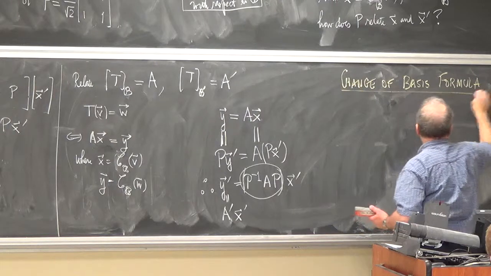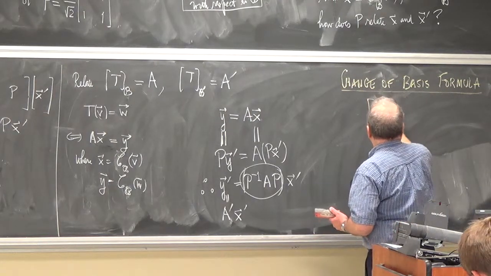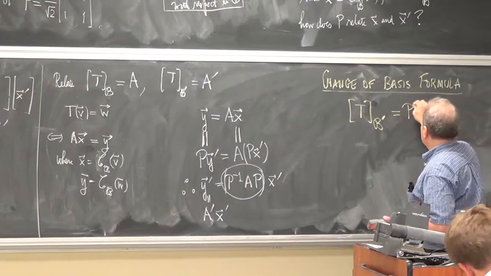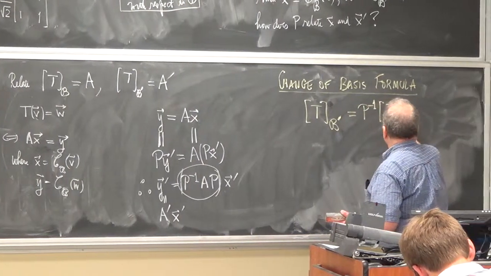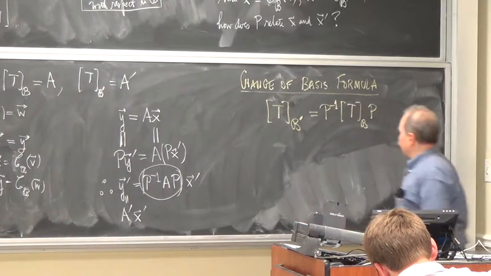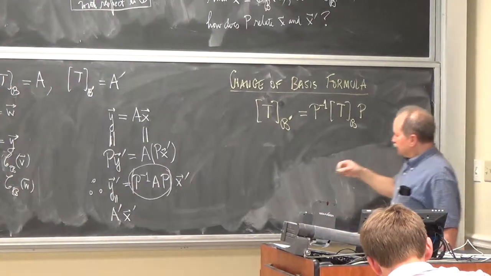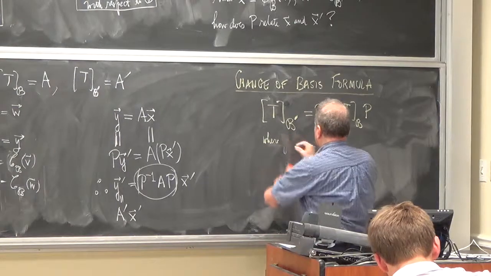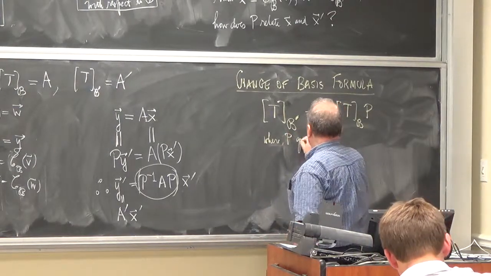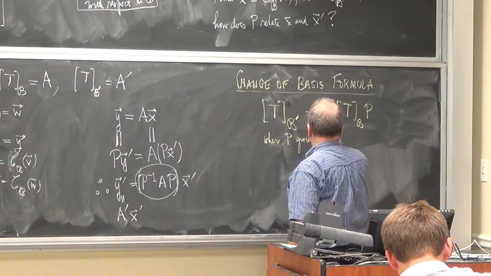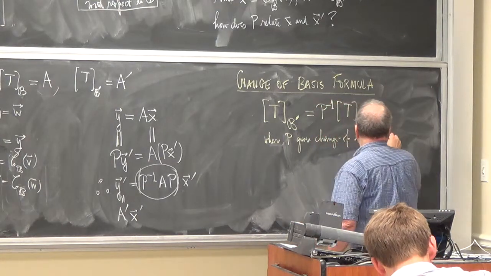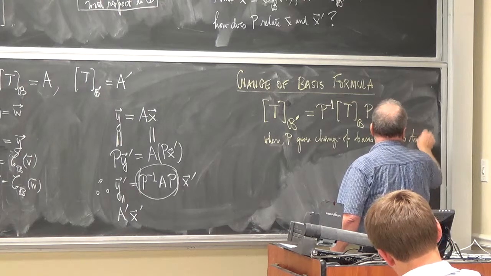Then you take the matrix in the new basis. It's given by P inverse matrix in the old basis times P, where P is the change of basis from B to E prime.